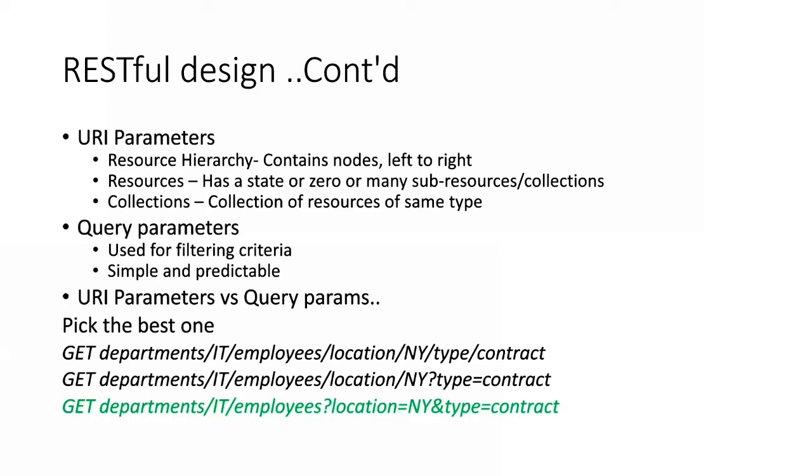Later on, it can drill down into different resources or collections based on your use case. A collection is a list of resources. So in departments, obviously you'll have IT, sales, and the list would just be based on what your use case is. That's basically the concept of collections.